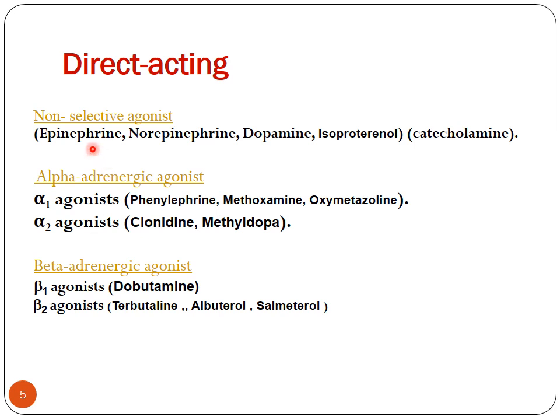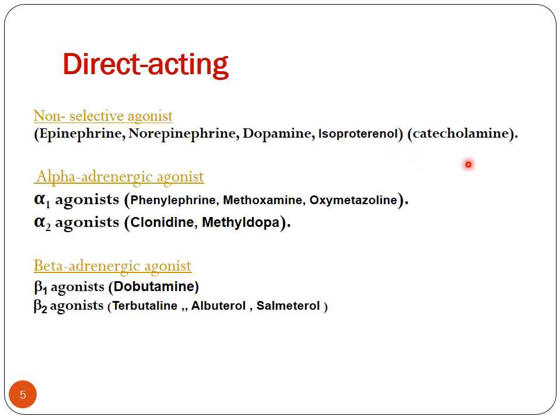Non-selective direct acting sympathomimetics are those drugs that stimulate all the adrenergic receptors, both alpha and beta. We have adrenaline, noradrenaline, dopamine, and isoproterenol. These four are also called catecholamines due to the presence of a catechol ring in their structure.